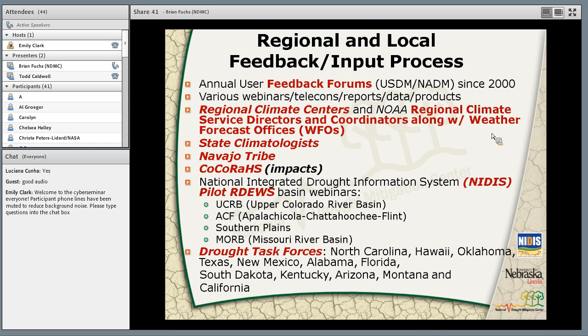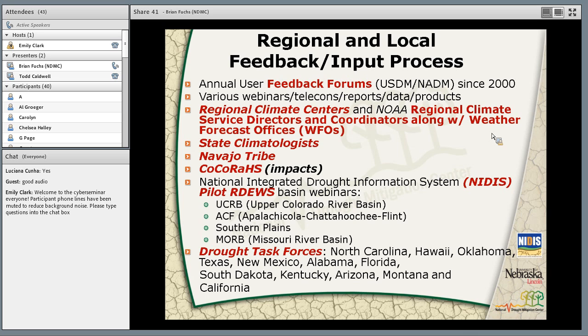We also have set up arrangements with some tribal people to be involved. And again, with some of the tribal lands, they typically are very underrepresented as far as the instrumentation that we have. So unless we're looking at something that's remotely sensed that can pick up those tribal lands, sometimes they are in areas that are very poorly represented with on-the-ground data. So it is good to have those ties into some of the tribes.